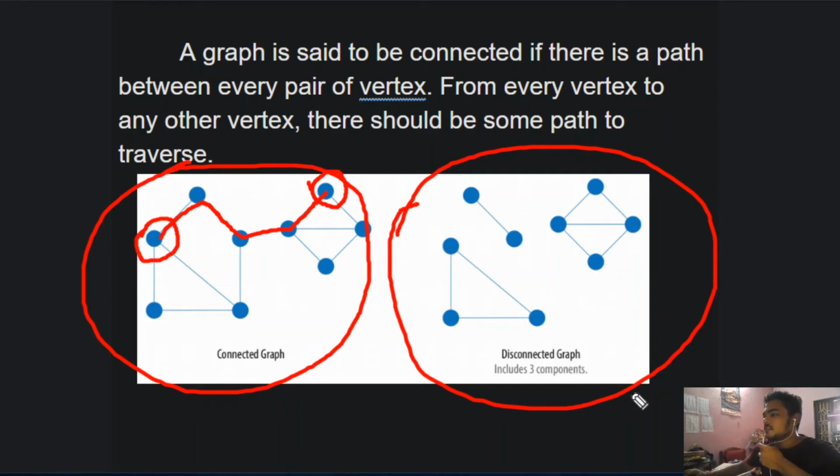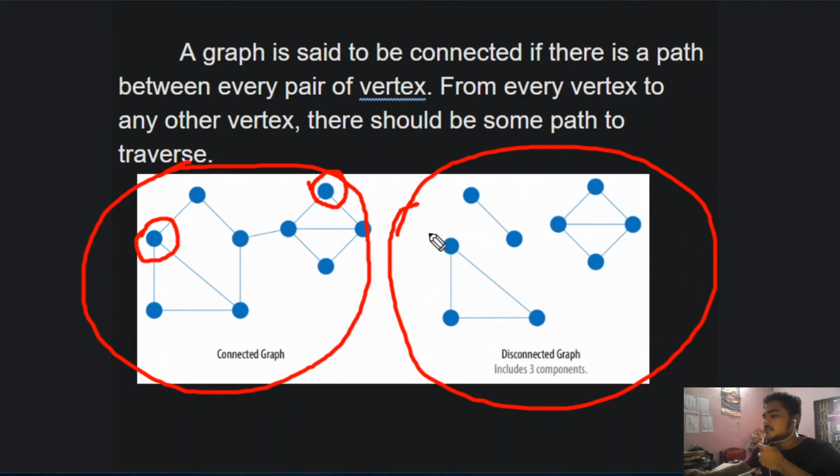If we take this graph, we cannot traverse from this node to this node by any means because they are not connected. If there had been a node here, this graph may have been connected because we could have traversed it through this path, but it's not possible. So that's why this is a disconnected graph.